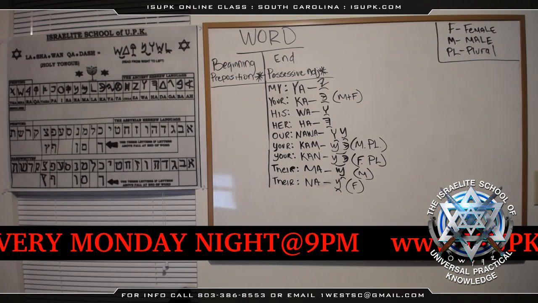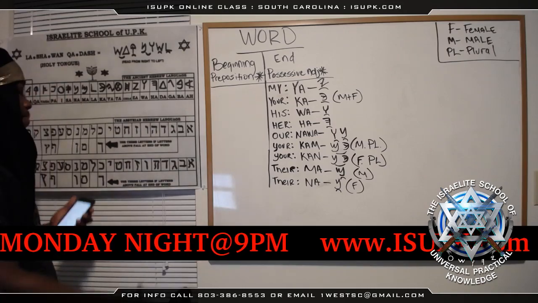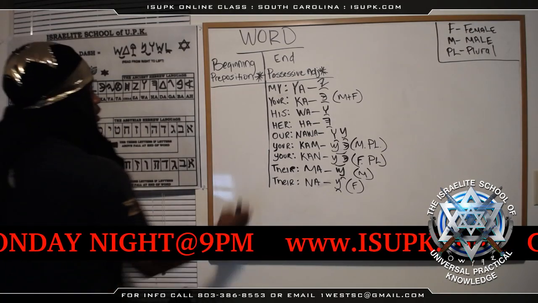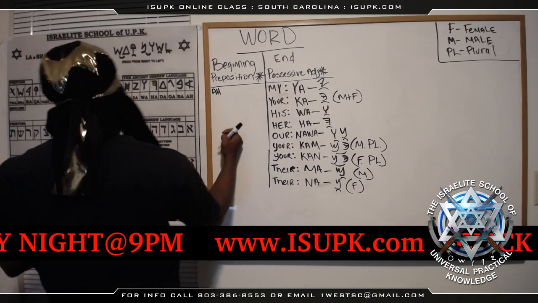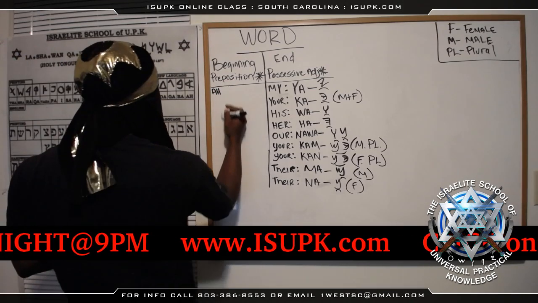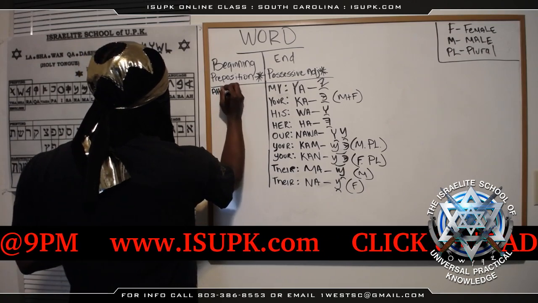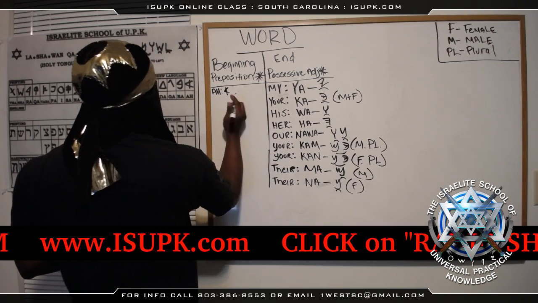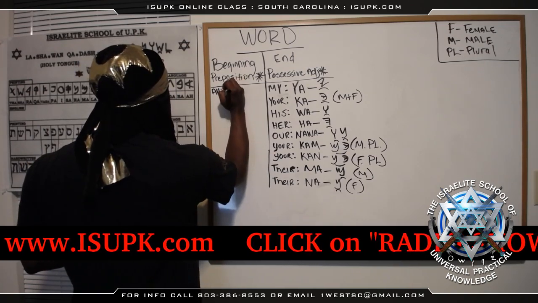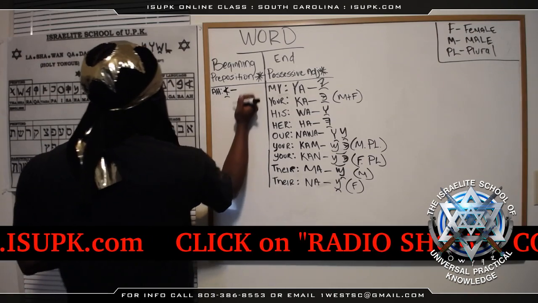Okay. Next we have the prepositions. Prepositions come at the beginning. One preposition is I. That's the symbol for I, pronounced independently. And I means what?